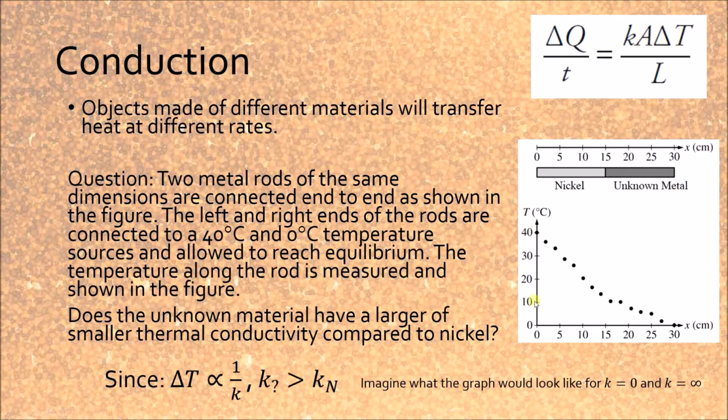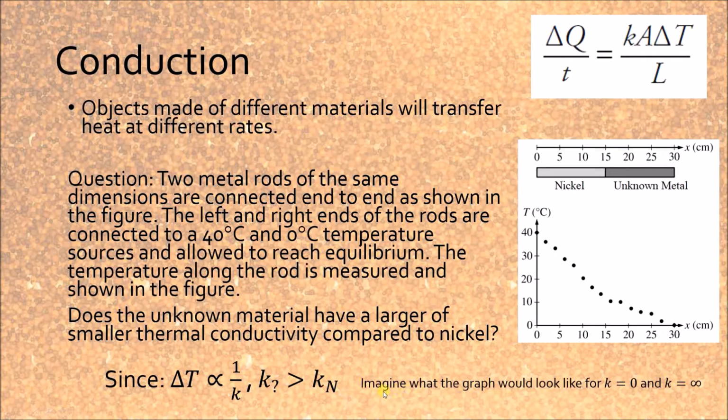We have a temperature difference in the nickel of 30 degrees from end to end. And the temperature difference of the unknown metal is only 10 degrees from end to end. And if you move the K to the other side of the equation, we can see that the change in temperature is proportional to 1 over K. So the unknown material, which has a smaller change in temperature, must have a larger thermal conductivity than nickel.